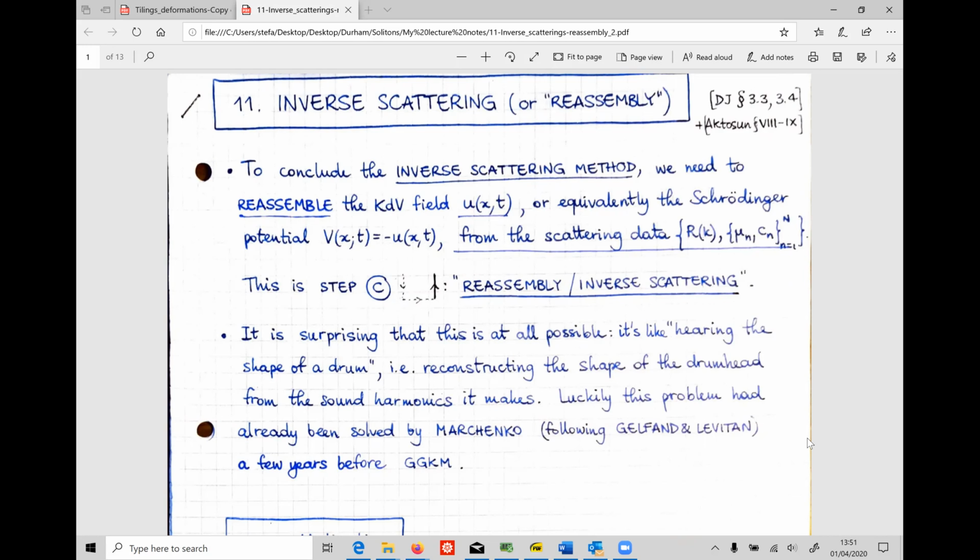So what I will do today is to give a summary of the inverse scattering or reassembly, which is the third part of this procedure that we call the inverse scattering method to solve the initial value problem for the KdV equation. Because this is the last lecture, I would like to make sure that I get to a sensible bottom line.